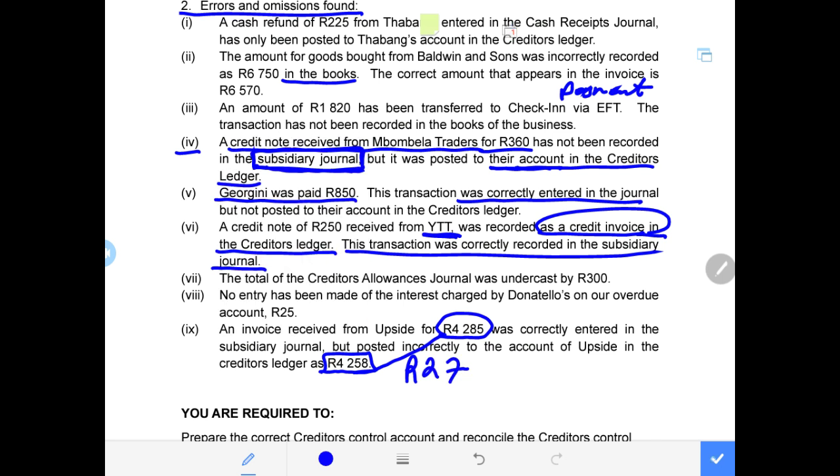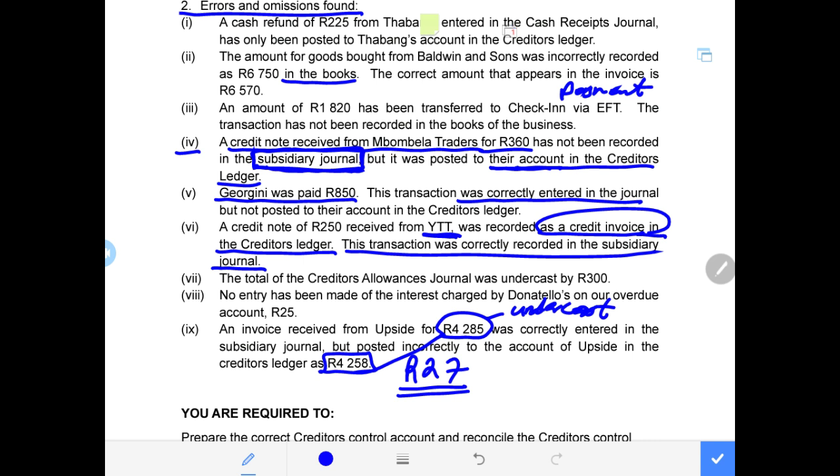Now let me do a further analysis. The correct amount is 4,285, but we recorded 4,258. So this amount is undercast. When you say undercast, it means it is less than it was supposed to be. It was undercast by 27 rand. So now we need to increase it by 27 rand.